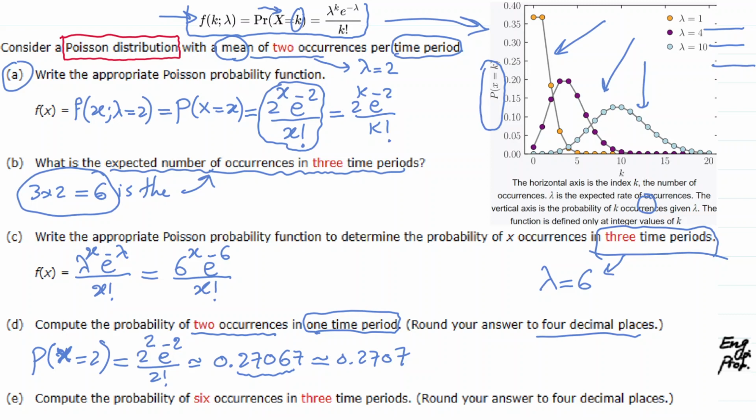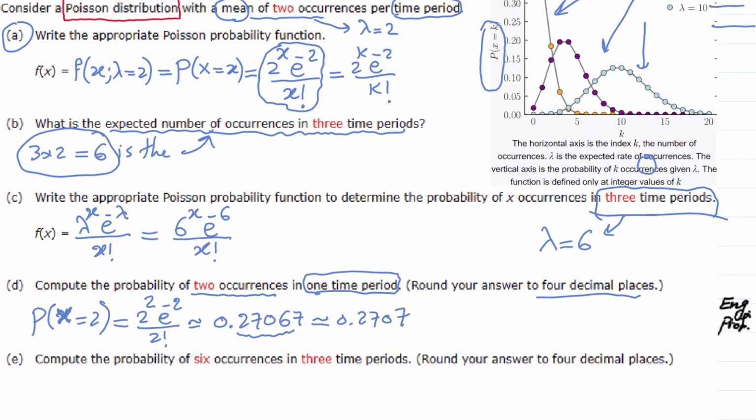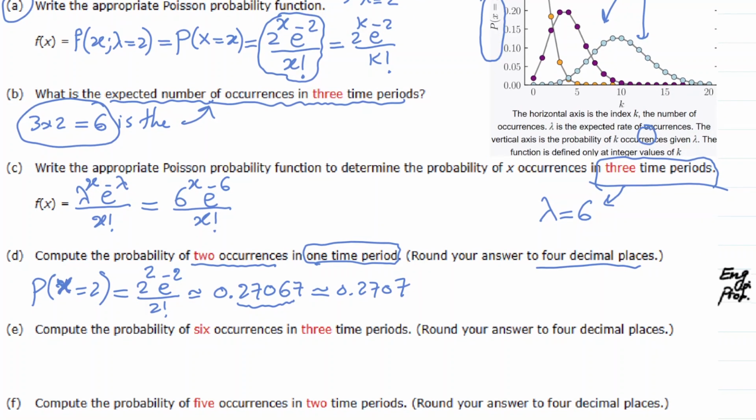Okay, so part E. For part E, the question is compute the probability of 6 occurrences in 3 time periods. So now we are going back to part C, because we are changing our window of observation to 3 time periods. All right, and be careful about this.